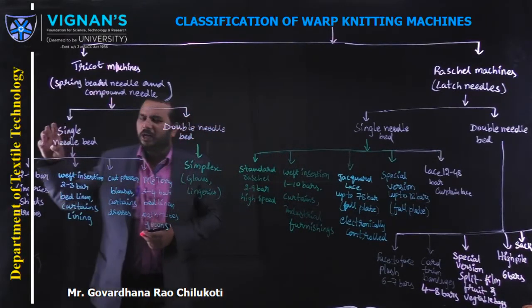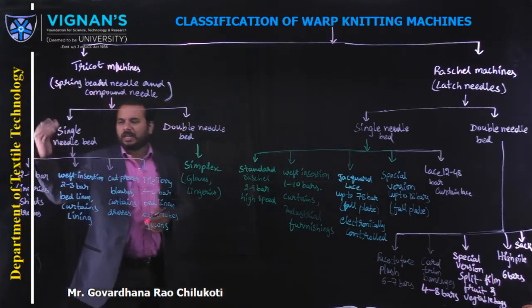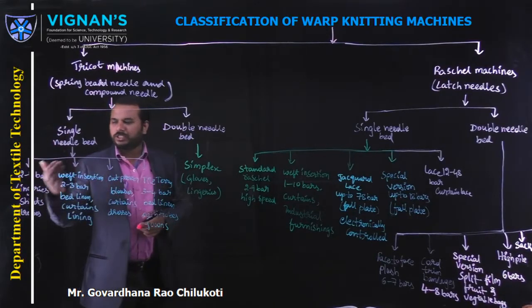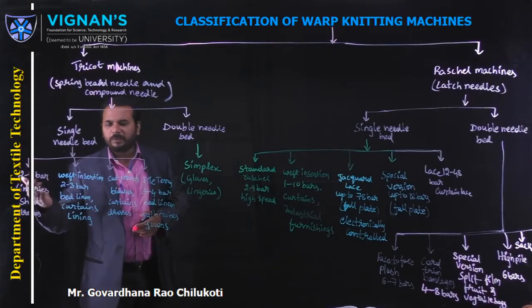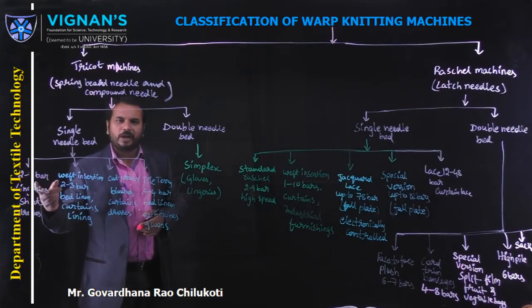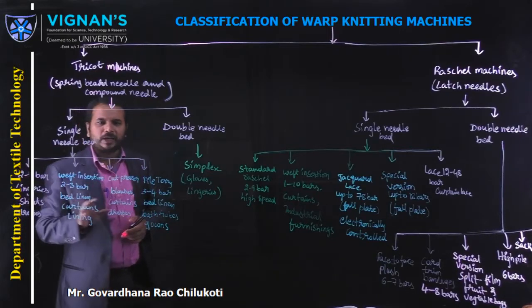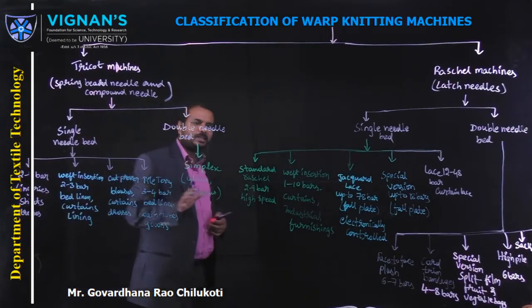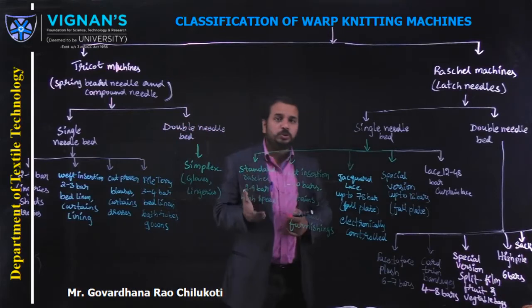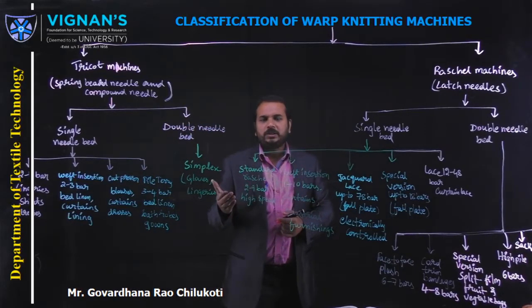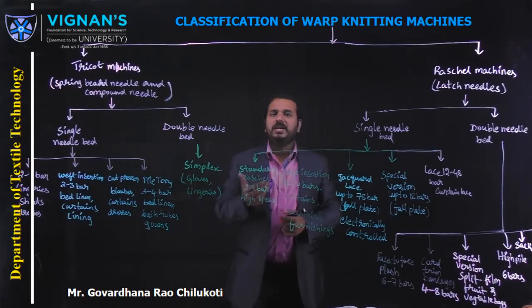Single needle bed warp knitting machines are again classified into different categories. You can see here, we are using 2 to 5 guide bars. Generally these guide bars are used to feed the warp yarns to the needle beds.